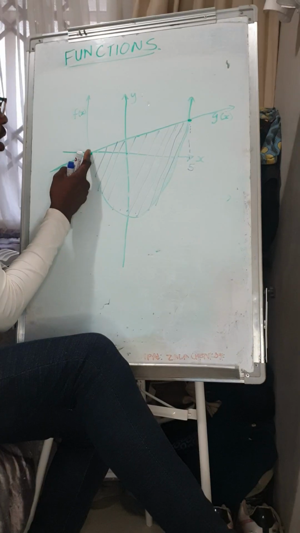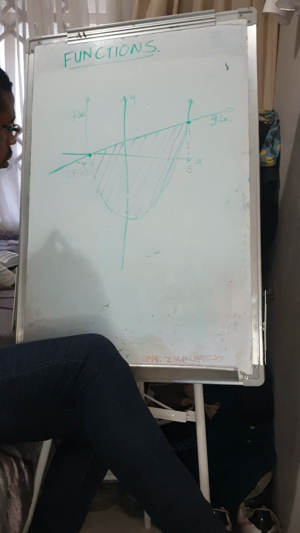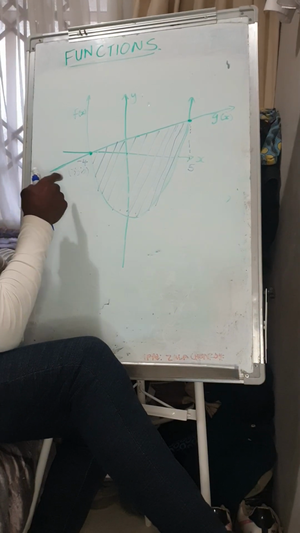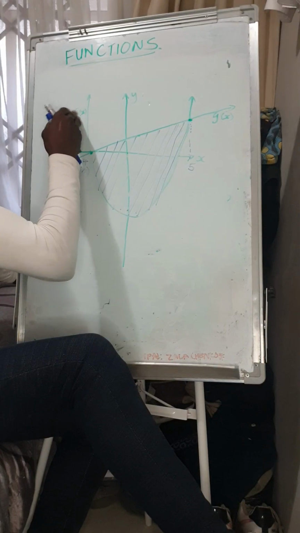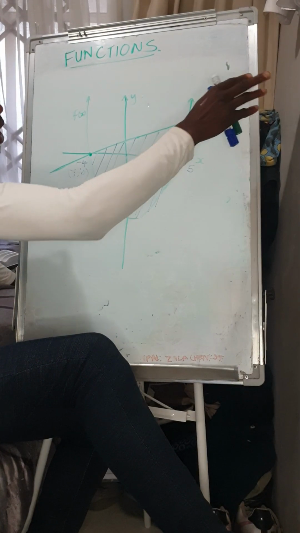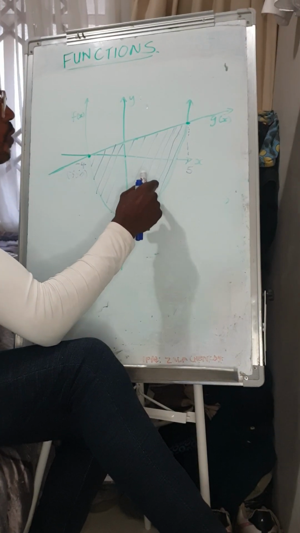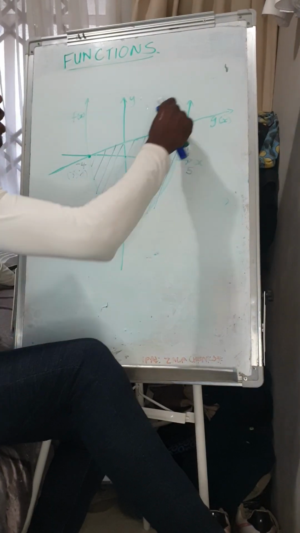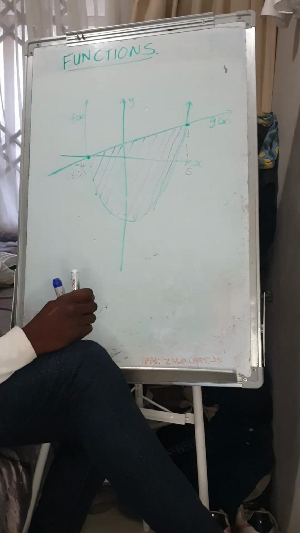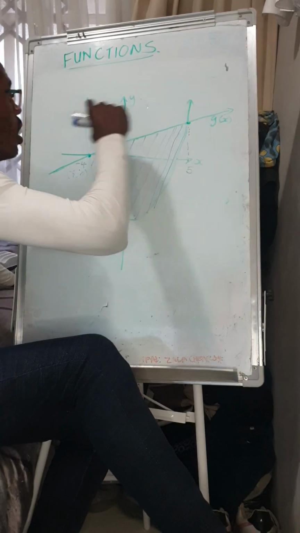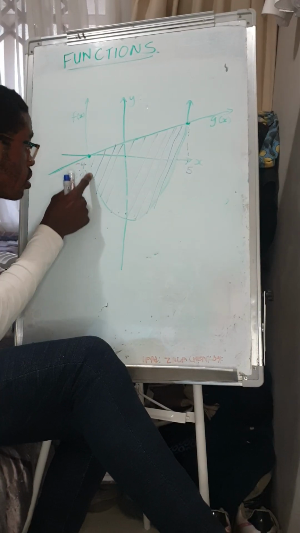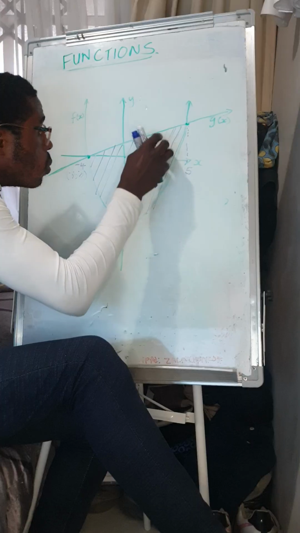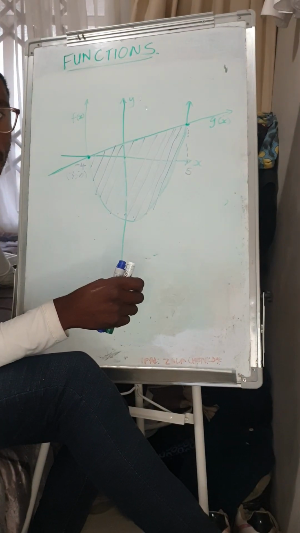Remember, what is f of x? This green thing, and this green thing, and this that we shaded is f of x.